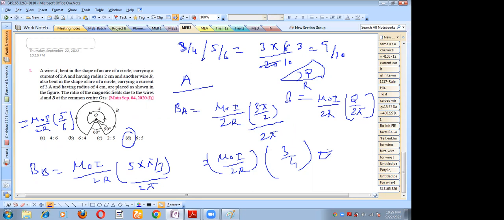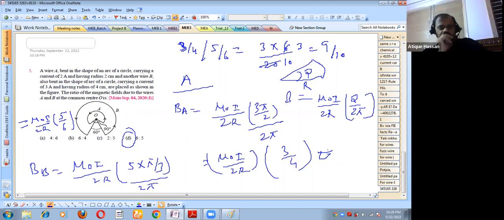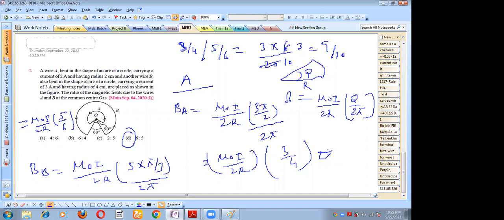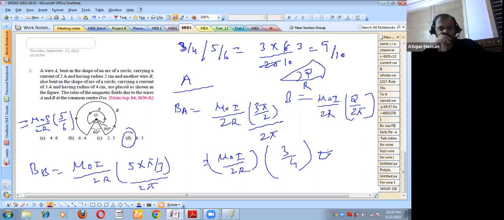Sir, I think you didn't substitute the value of R. Yes, sir, radius. But we are taking the ratio, so that will be cancelled out.